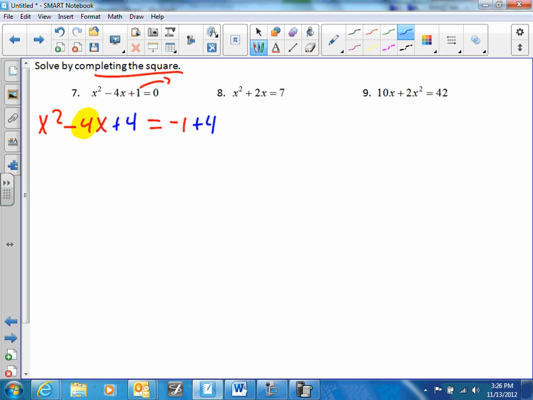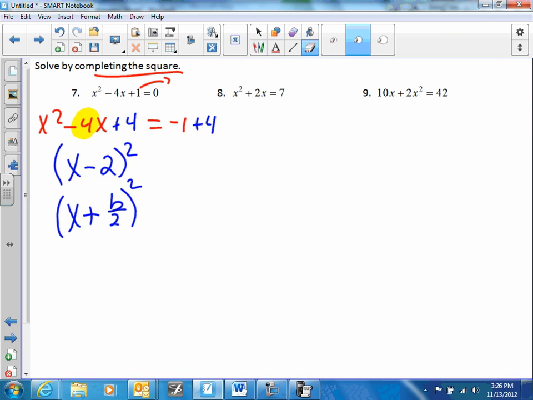Okay? So this factors into (x minus 2) squared, because if you haven't realized yet, this is x plus b over 2, squared. So whatever b over 2 is goes right here in the parentheses.